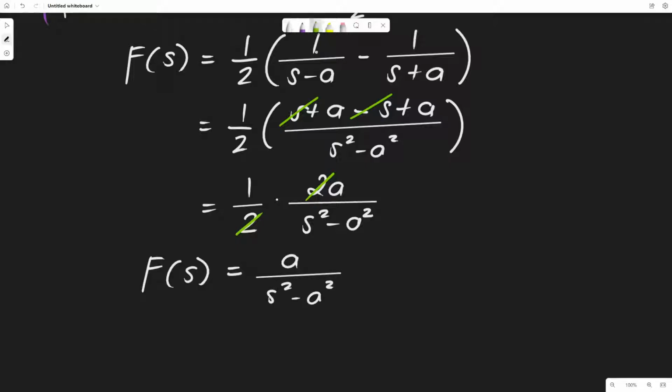Ayan. So, ito yung ano natin, kung mapapansin ninyo, yan yung nasa Laplace transform table natin. Dinisect lang natin ng mas malalim yung in-explain ko dun sa unang lesson for the Laplace transform of these functions.